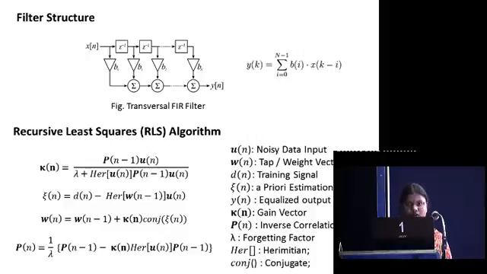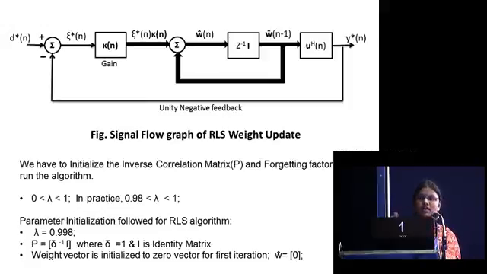This signal flow graph actually shows the same equations of RLS update. So as long as we train the filter, this flow goes on and the weights will change accordingly. But to start off, we have to initialize the algorithm, for which there is a parameter called lambda, which is a forgetting factor, which basically is the memory of the algorithm, to what extent the signals it should memorize.